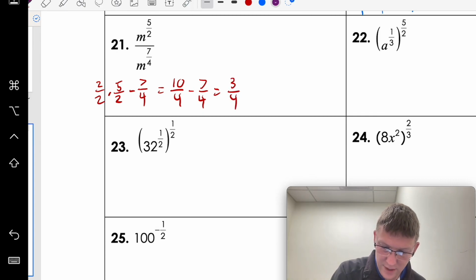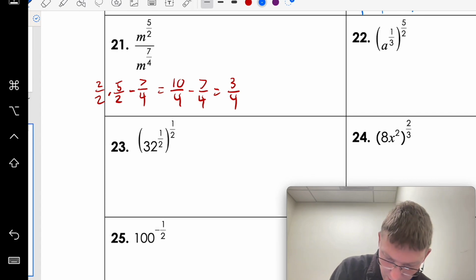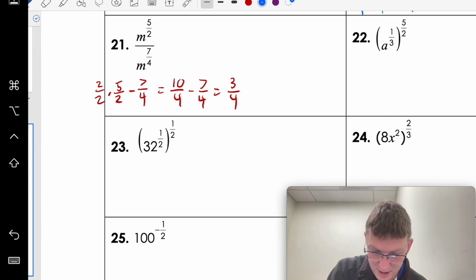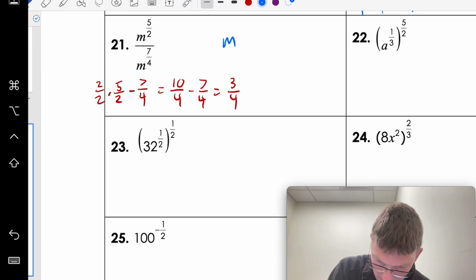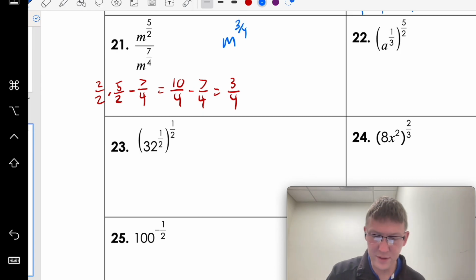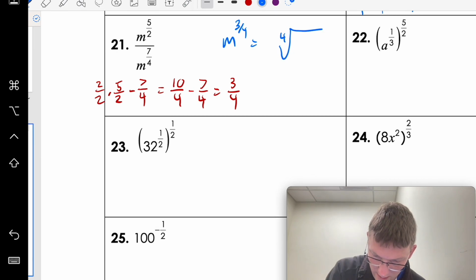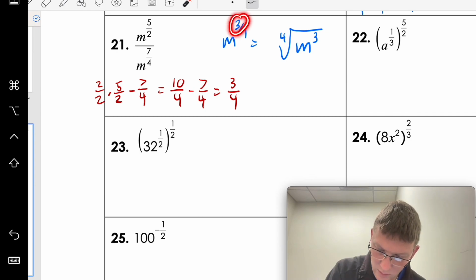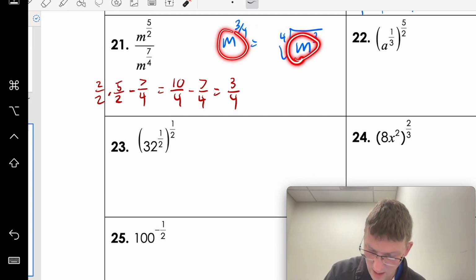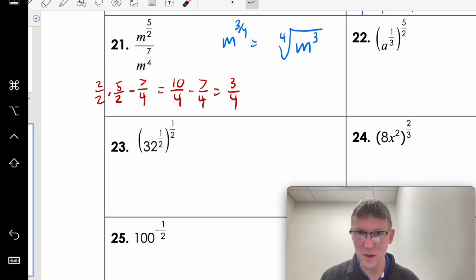So now we can finish out our actual problem. When we subtract our fractions, we're going to have m to the 3/4. We want this in radical form, so that's going to be the 4th root of m cubed. This is a good one to see where everything is going. And hopefully these are starting to make a little bit more sense.